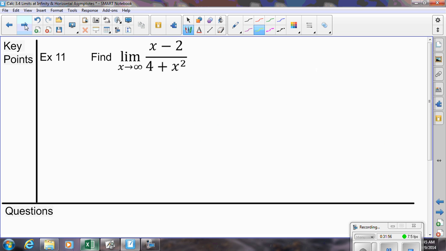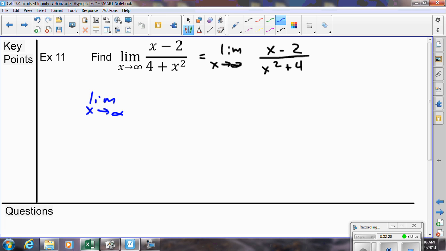Similar problem here, where we would have the limit as x approaches infinity of x minus 2 over x squared plus 4. We're going to take all of them over the x squared term, which allows us to write, skipping the algebraic step, x over x squared minus 2 over x squared over x squared over x squared plus 4 over x squared.